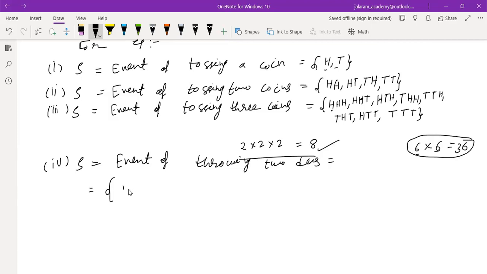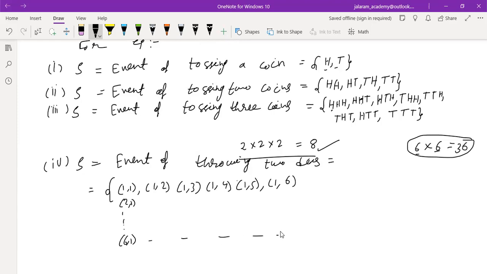Is that clear to you? So first will be 1, 1. Second is 1, 2. Third is 1, 3. 1, 4. 1, 5. 1, 6. There is no need to write all. Like this 2, 1, and finally 6, 1, and finally 6, 6.